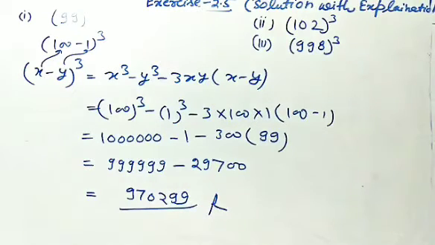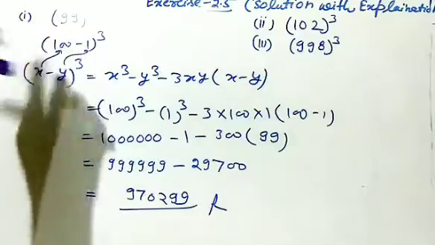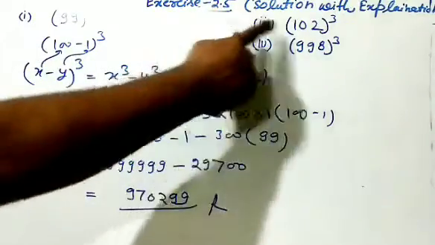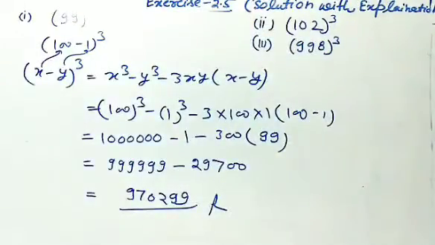So in this type of question, you have to manage a particular number where you could apply the identities. Here 99, so I have written 100 minus 1. Second part is 102, so what you write? 100 plus 2. Third part is 998, so what you write? 1000 minus 2. So in each question, you can apply x plus y whole cube or x minus y whole cube.